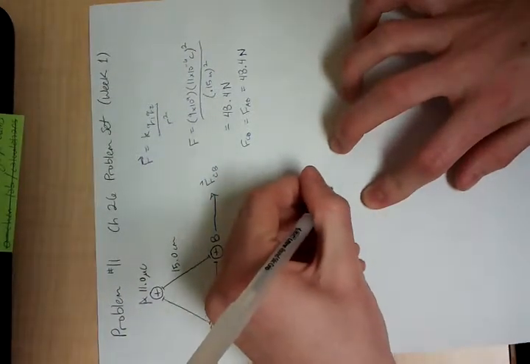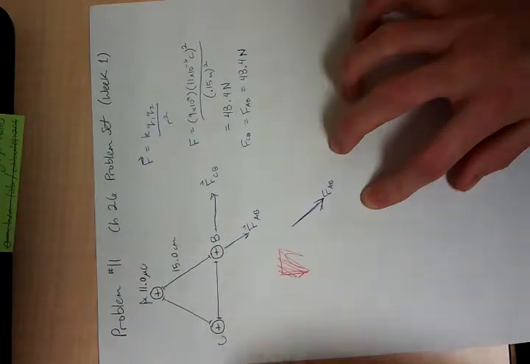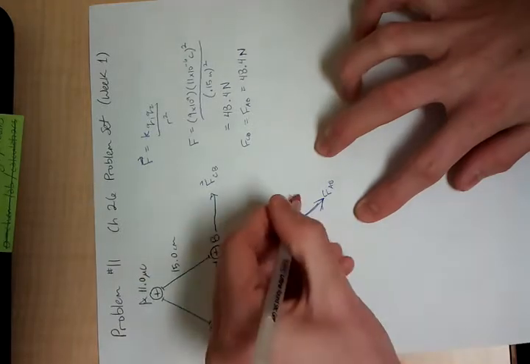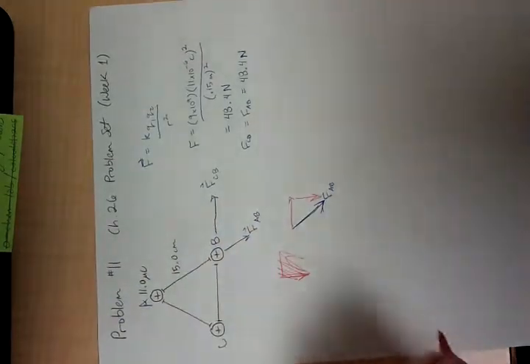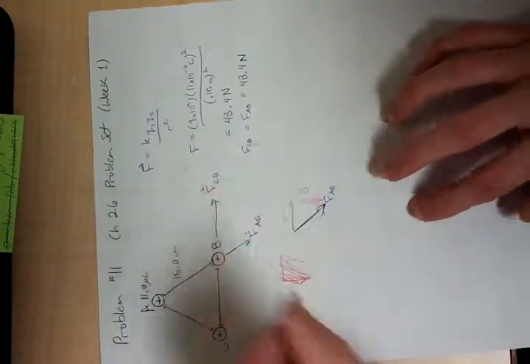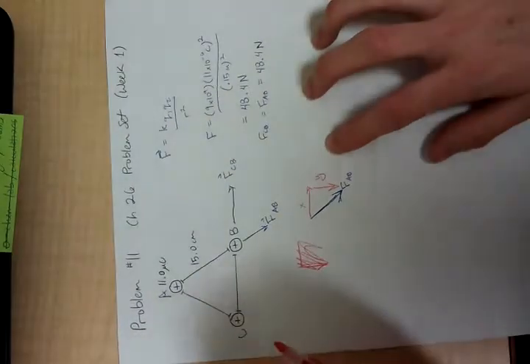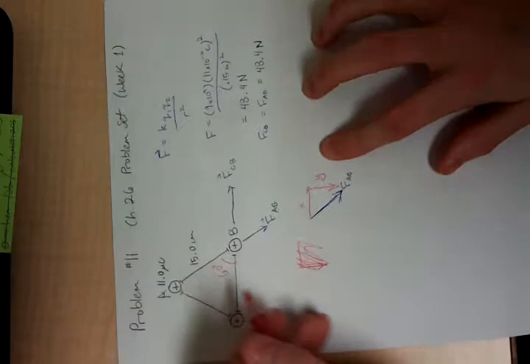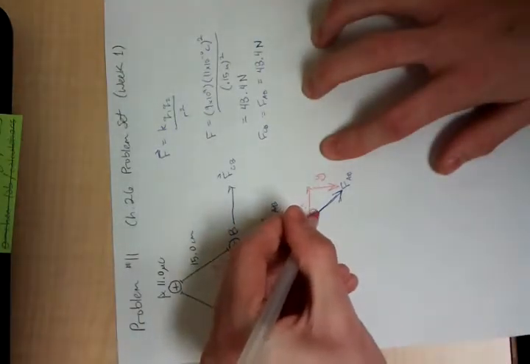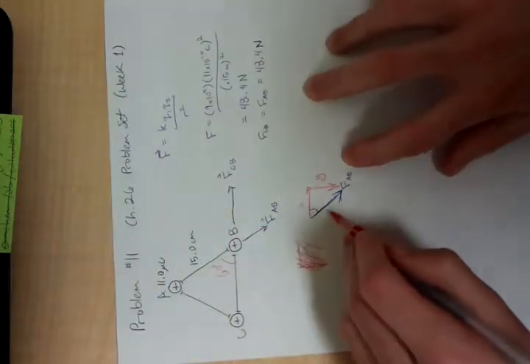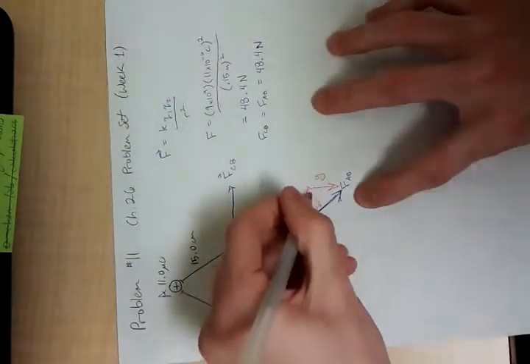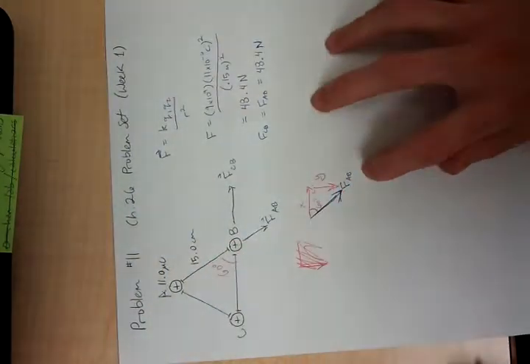This is the force of A on B, and it has 2 components, its x component and its y component. Because this is an equilateral triangle, the angle on the inside here is 60 degrees, which means the angle between the x-axis and the hypotenuse should also be 60 degrees. And we can use that to solve for each of these components.